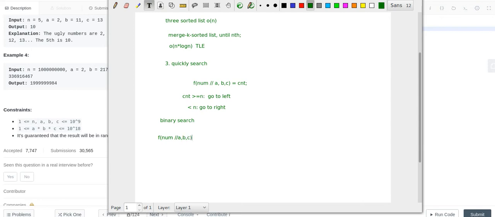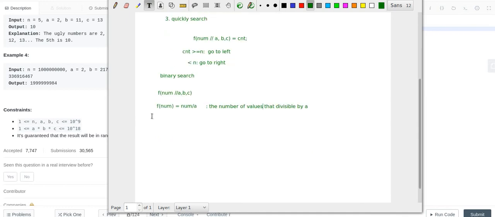And thus we can also check the number of values that are divisible by b, and those divisible by c.